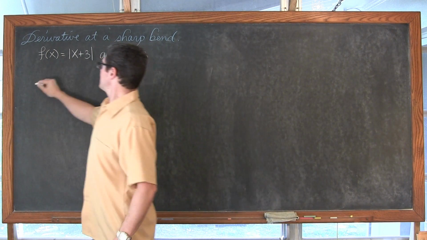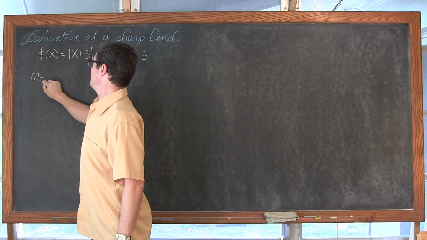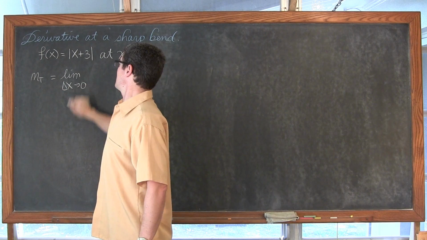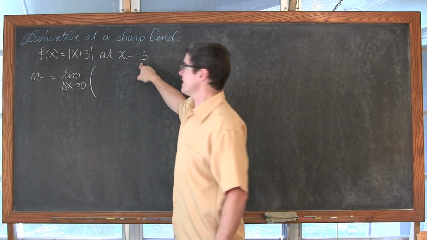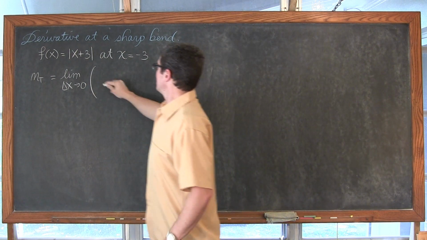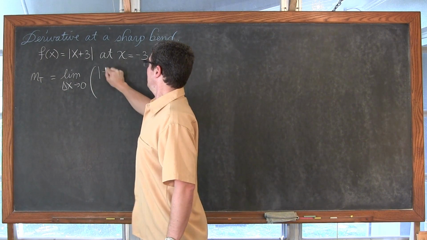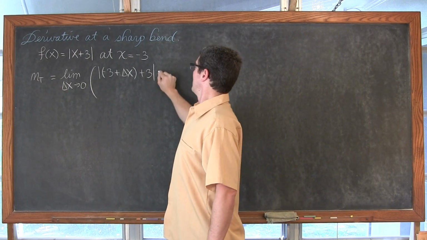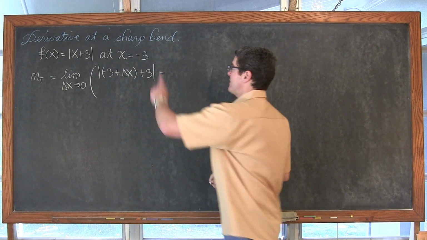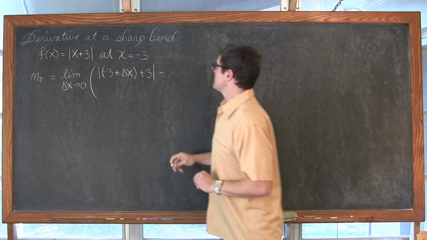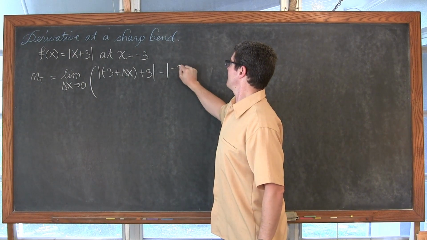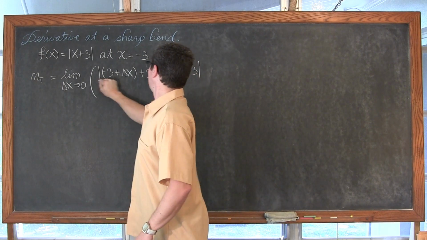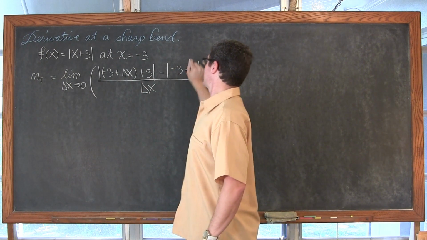So we're going to say the slope of the tangent line is equal to the limit as delta x approaches 0 of the absolute value of -3 plus delta x plus 3, minus, and we're going to take that value of c and plug it in, so minus the absolute value of -3 plus 3, over delta x.